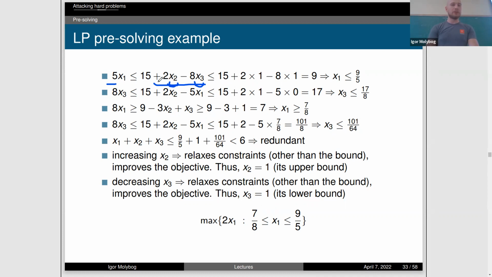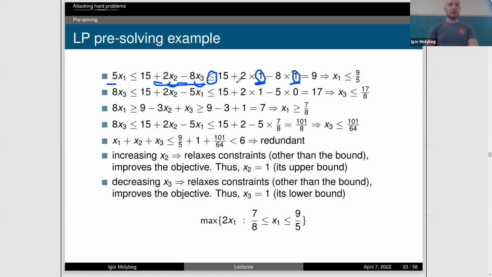Since x2 enters this inequality with a positive sign, and x3 enters with a negative sign, we can substitute the upper bound on x2 and the lower bound on x3 into this inequality in order to obtain a bound. Indeed, since it's a constraint from above, it cannot be higher than the value corresponding to the maximum value of x2 and the minimum value of x3. Is everyone okay?